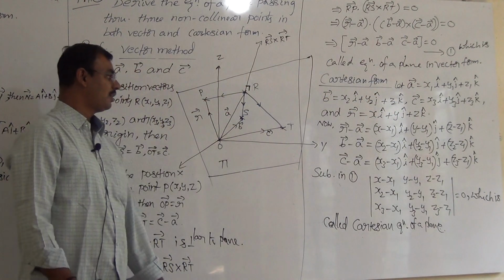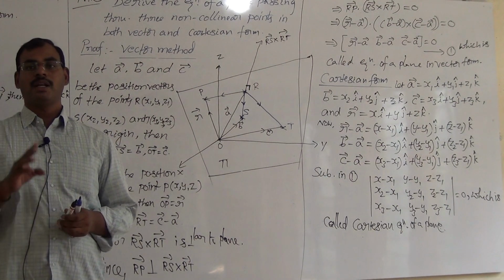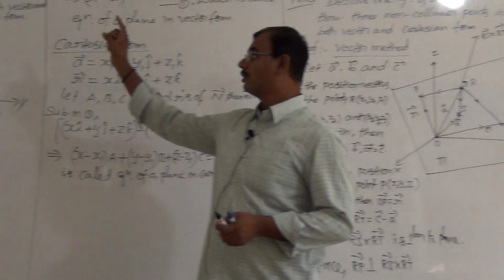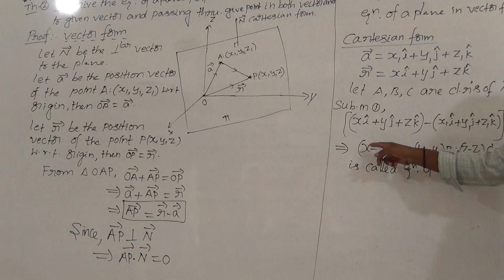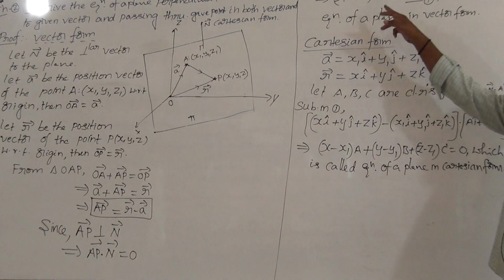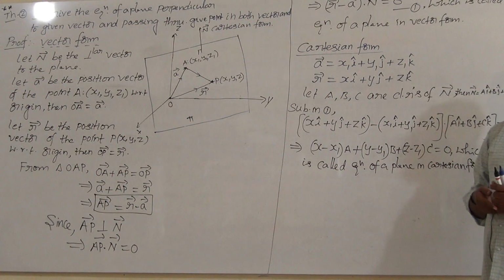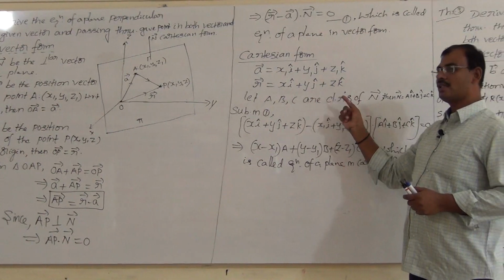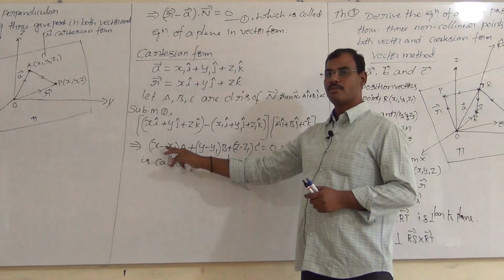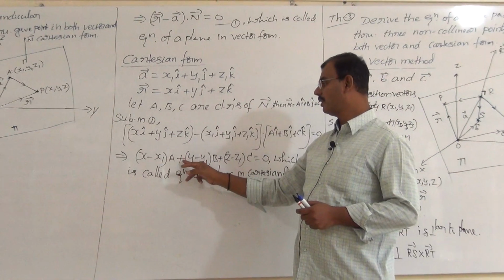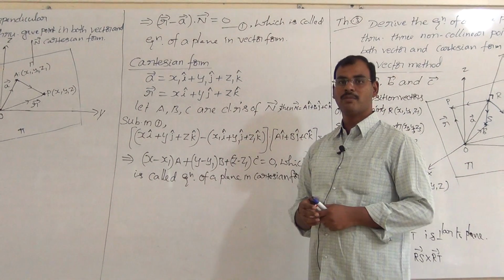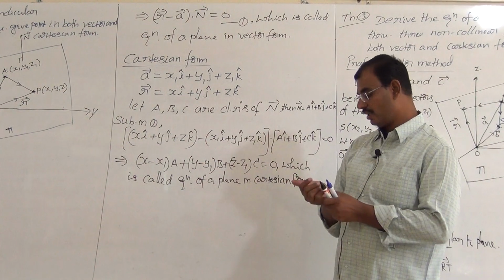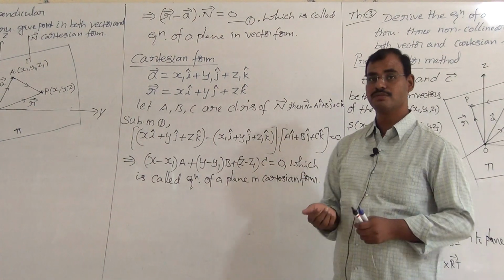All of you remember. The equation of a plane passing through a point and perpendicular to a vector is, in vector form, r bar minus a bar dot n bar is equal to 0. In Cartesian form, x minus x1 into a plus y minus y1 into b plus z minus z1 into c equals 0.